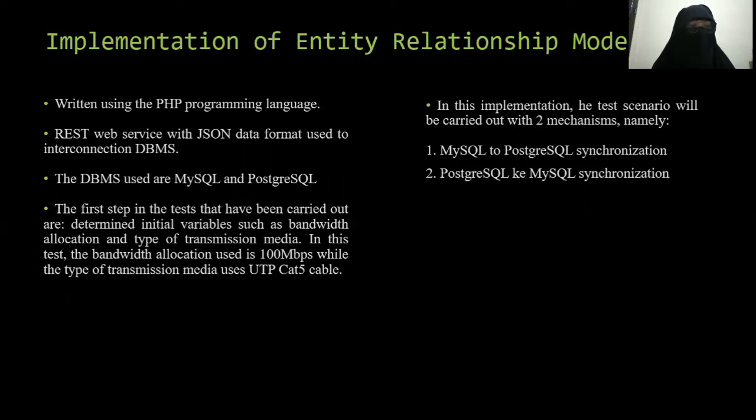The first step in the test that has been carried out is to determine initial variables such as bandwidth allocation and type of transmission media. In this test, the bandwidth allocation used is 100 Mbps, while the type of transmission media used is UTP-5 cable.